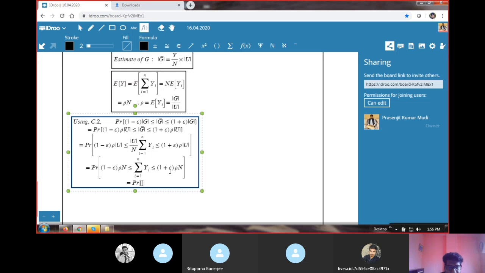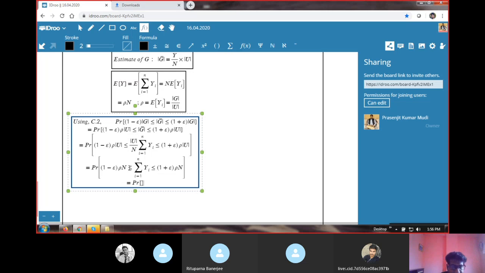So here you have rho n plus epsilon rho n. This is simply, since the summation over yi is y, y minus rho n less than or equal to epsilon rho n.